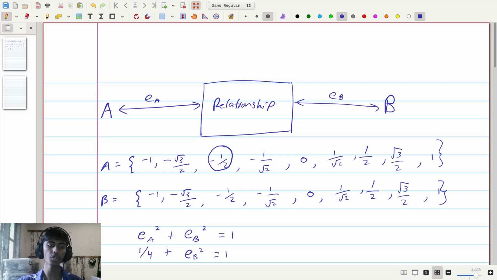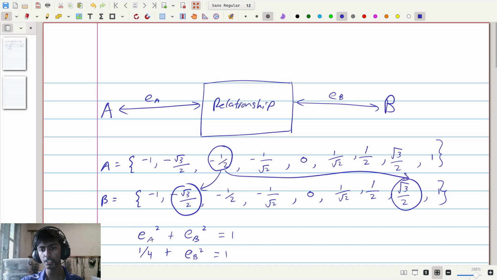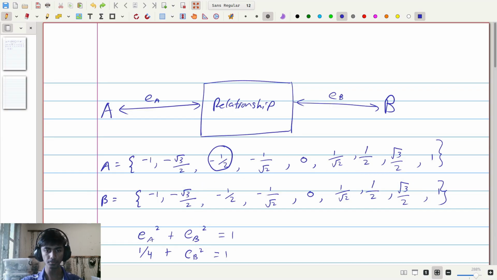But notice there are two numbers that could do this: negative root 3 over 2 and positive root 3 over 2. Both of these numbers satisfy the condition that 1/4 plus an element of B squared is 1. So that means the input of negative 1/2 of A maps to two elements in B, specifically negative root 3 over 2 and root 3 over 2.